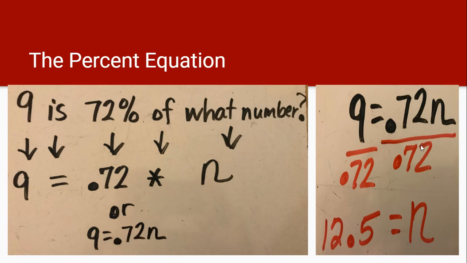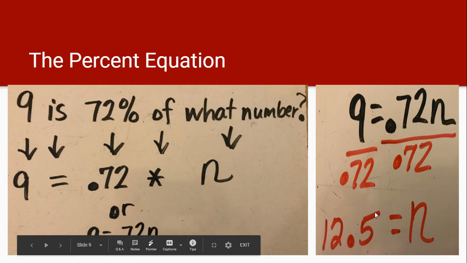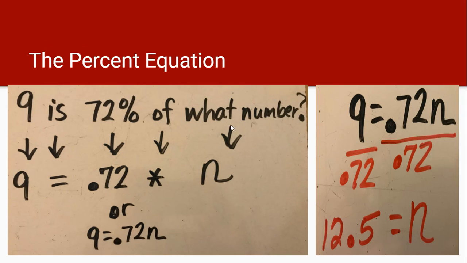So you divide both sides by 0.72. So 9 divided by 0.72 equals 12.5. So n equals 12.5. Notice it is not asking for the percent this time. It's asking for the total, or the whole amount. So the what number right here is related to the total amount.